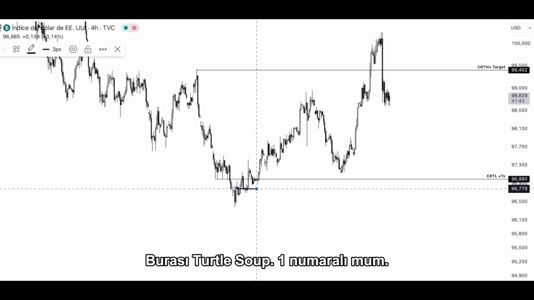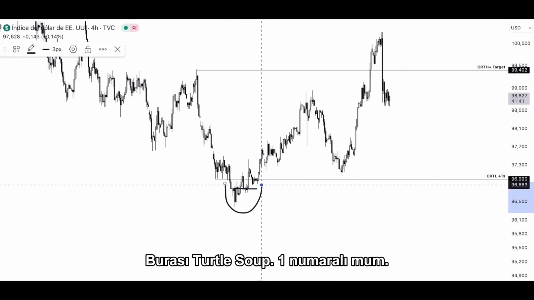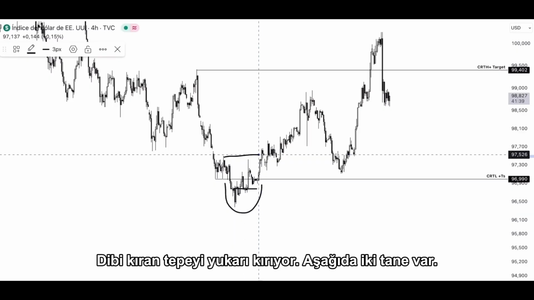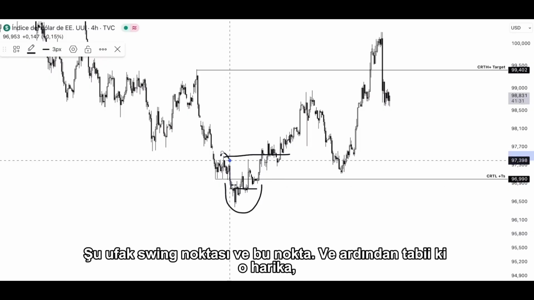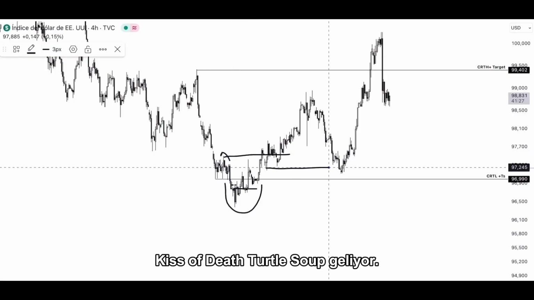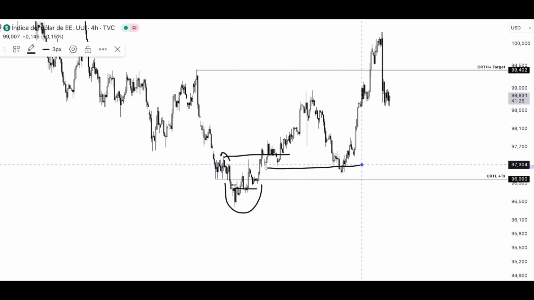Turtle soup. This model number one, breaking above the high that broke the low. Both down here on that micro swing point and this one. And then, of course, you have the beautiful kiss of death turtle soup.